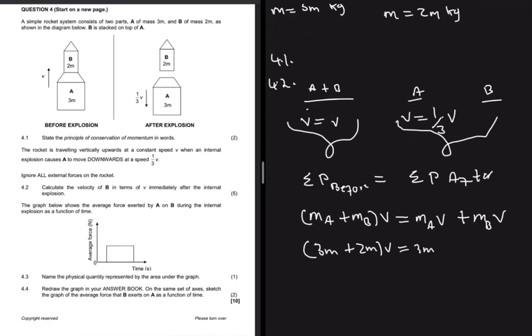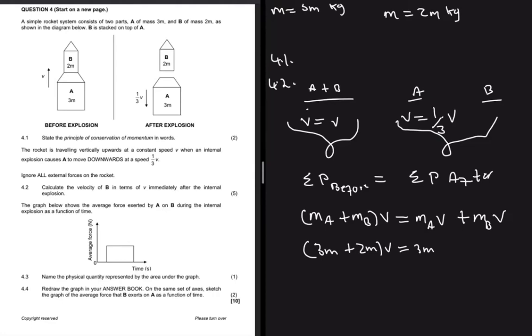The mass of A, we've already said is 3m, and then the velocity is 1 over 3v. But I want you to realize that A is going down, and common sense says we always take up as positive. If you take down as positive, that's fine, but to me it doesn't make sense. Up is positive.